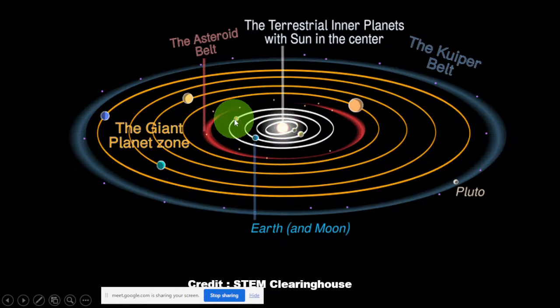Because of the size of Jupiter, it has more gravitational pull. It has more gravitational influence on the asteroid belt. There are other reasons, but this is just one of them.